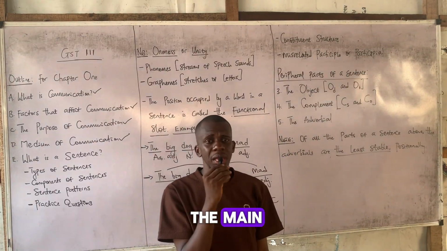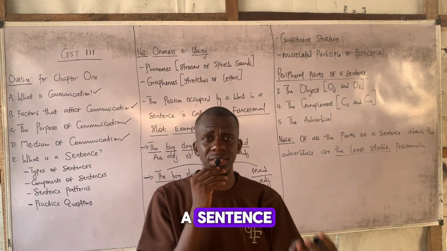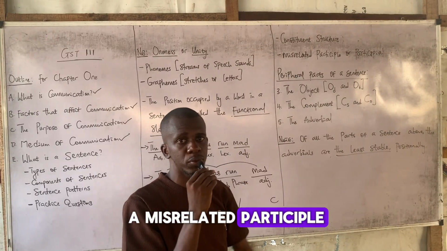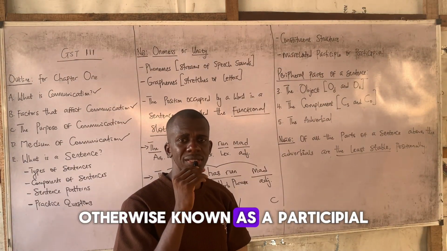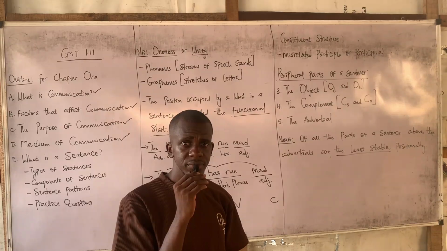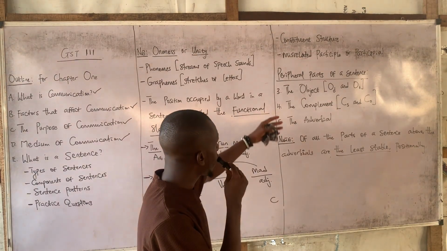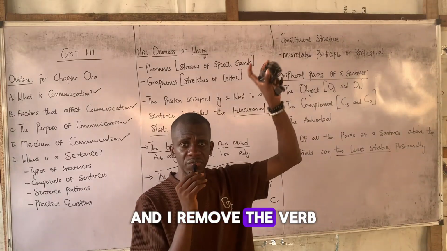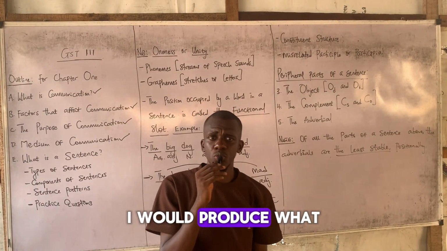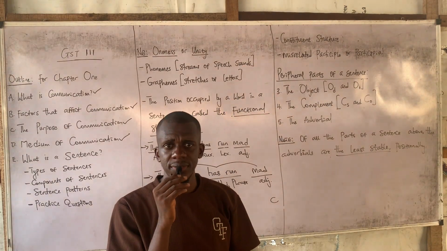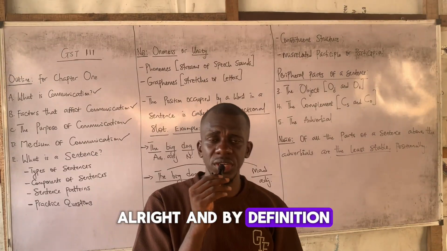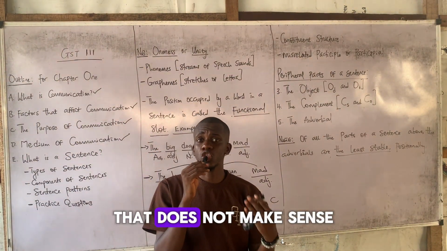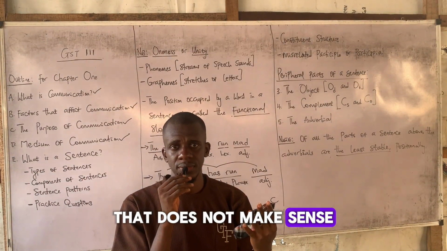If I remove the subject from a sentence, what I have is a misrelated participle, otherwise known as a participial. Conversely, if I leave the subject in a sentence and I remove the verb, I would produce what is called a phrase. By definition, a phrase is a collection of words that does not make sense.